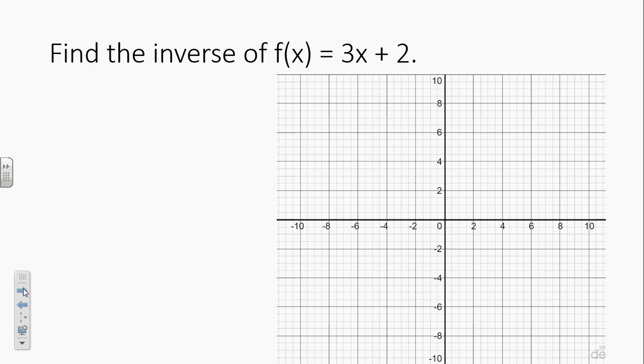F of x equals 3x plus 2 is just a grown-up way of saying y equals 3x plus 2. Okay? So y equals 3x plus 2. Does anyone have any idea how we might find the inverse of that function?